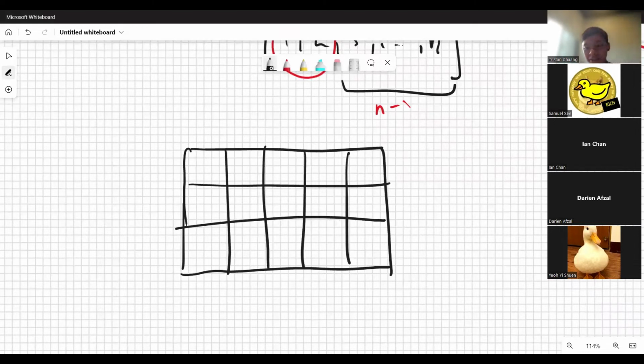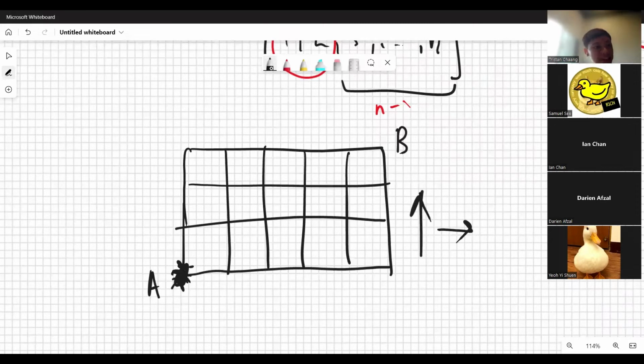Let's say a 3 times 5 spider web. And a spider will start at this point, and move to this point. So A to B. And the only directions it can move in is up and right.